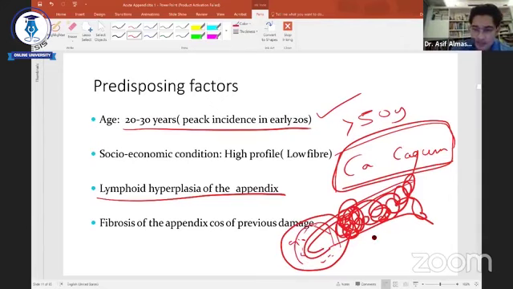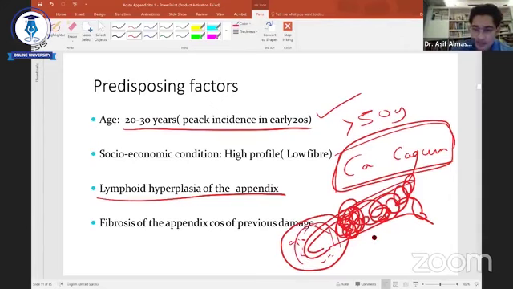As a result, there will be perforation into the peritoneal cavity, and this may result in peritonitis. Ultimately, the greater omentum and the loops of small intestine will come and wall off the spreading peritonitis, and there may be an abscess, a mass, or a lump, the appendicular lump.